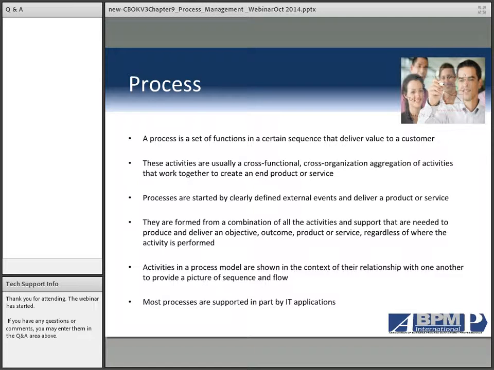And in doing so, the activities are, first of all, a combination of work for multiple business units that happen in a certain sequence to deliver a certain product or service which is value to the customer. We've already talked about it being a cross-functional aggregation of activities, but a process is clearly started by either an event or some time element.